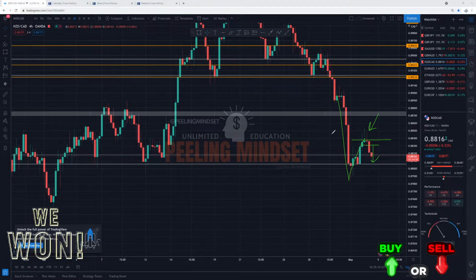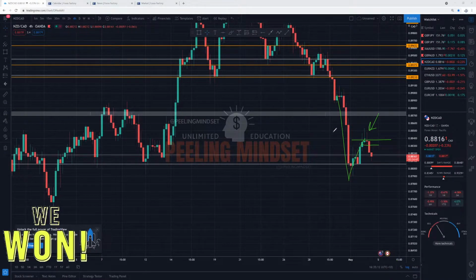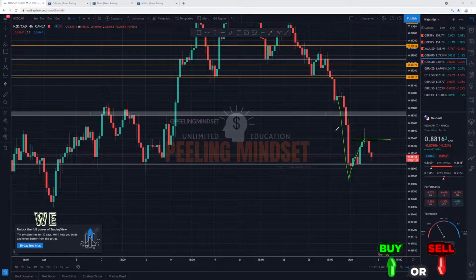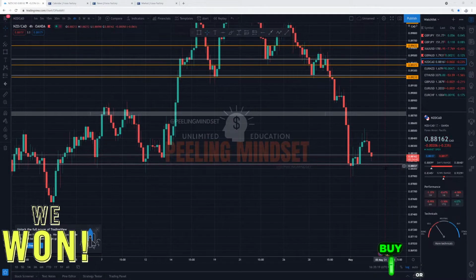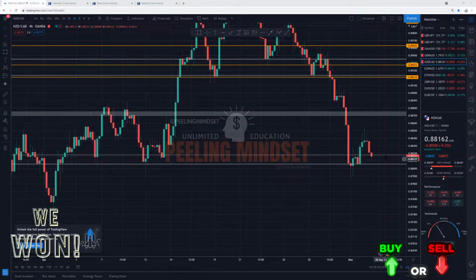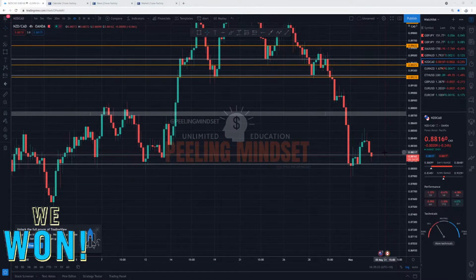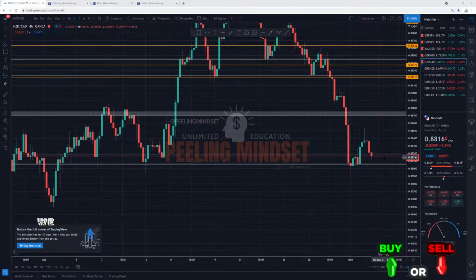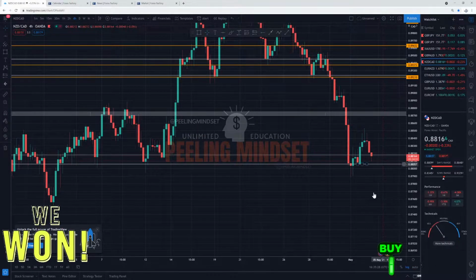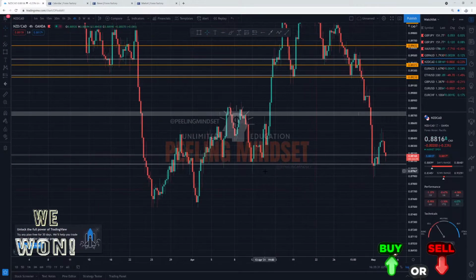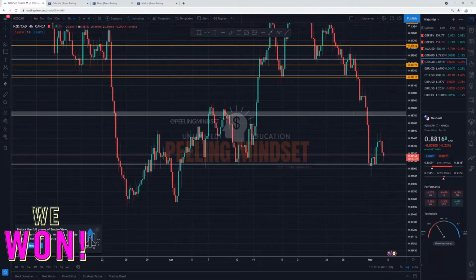I'll set an alarm at the 88 level. 88, 100. The alarm would be just to watch that area to see if the 4-hour closes below.